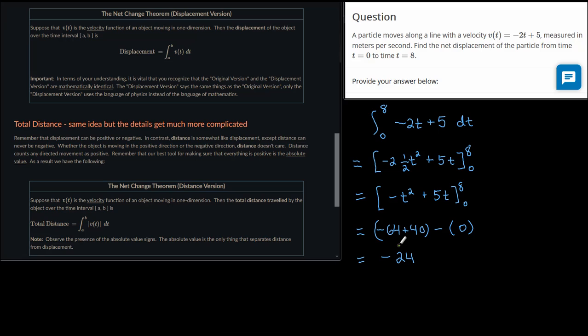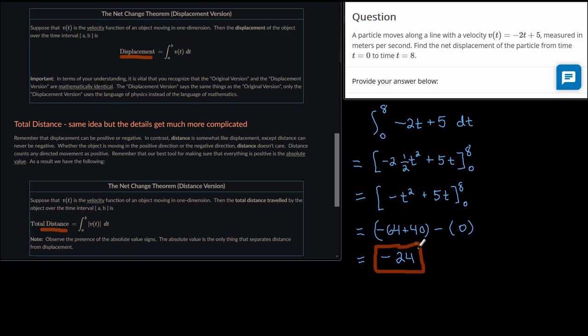And you might say, wait, does that make sense? Does it make sense for my answer to be negative? And the answer is yes. That's one of the differences between displacement and distance. Distance will not be negative. Distance can never be negative.